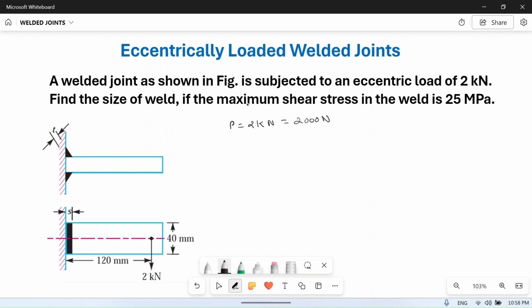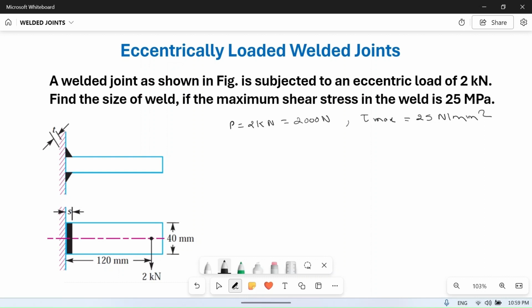Find the size of weld if the maximum shear stress in the weld is 25. Tau max is 25 Newton per mm square, as 1 megapascal is equal to 1 Newton per mm square.